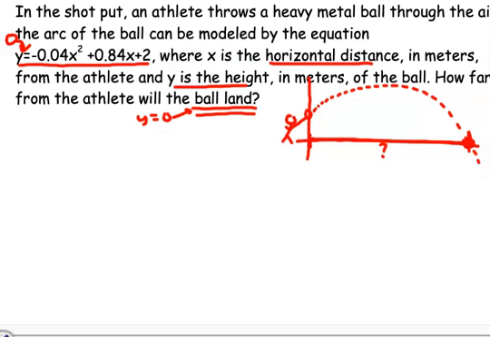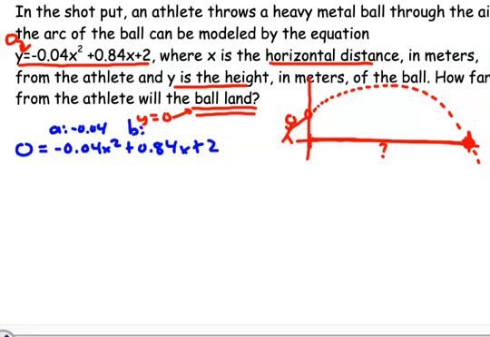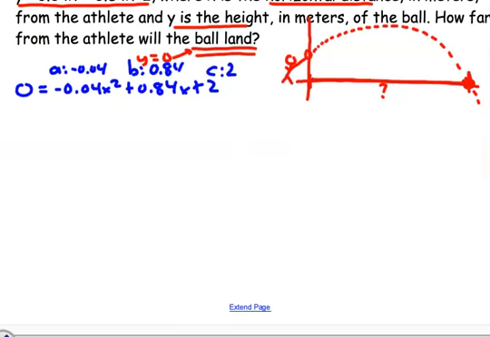I'm just going to copy down the equation but set it equal to 0. And once we have it set equal to 0, we can identify what A is, what B is, and what C is, and we can use that to try to solve. We're going to use quadratic formula to figure this out.